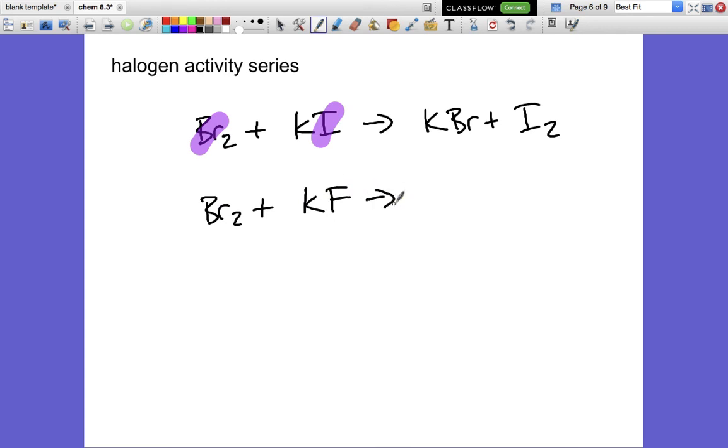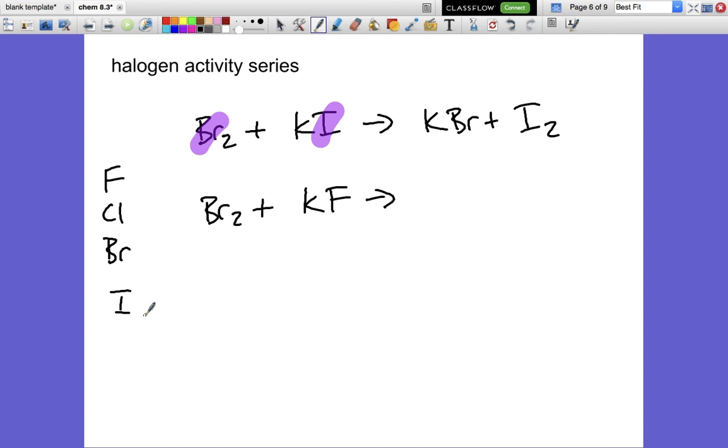And bromine is actually less active than fluorine and cannot replace it. Now, halogens are not on our activity series, but you can write down a quick halogen activity series if you want, because there's only 4 of them. And you don't really need to write it down because it's already on your periodic table. Fluorine's at the top, iodine's at the bottom.